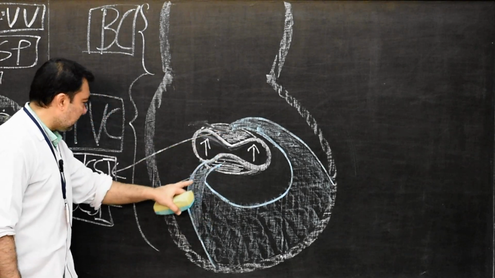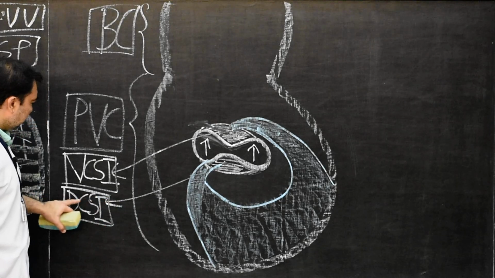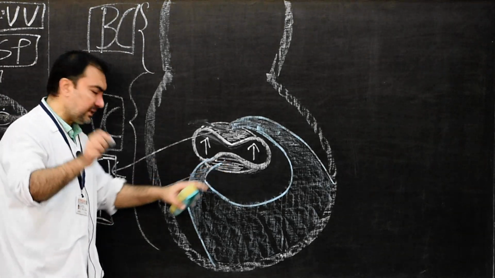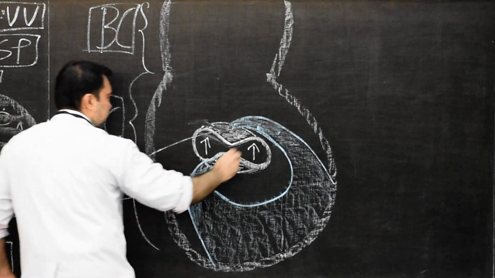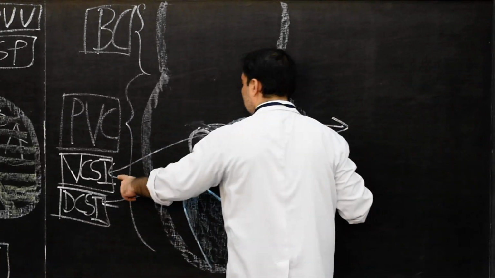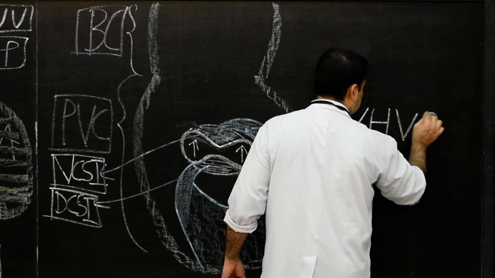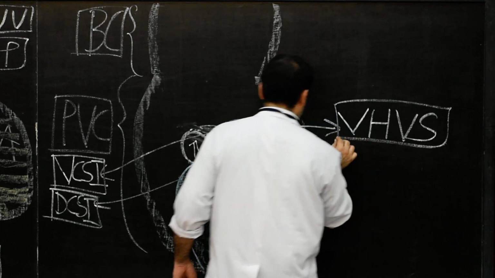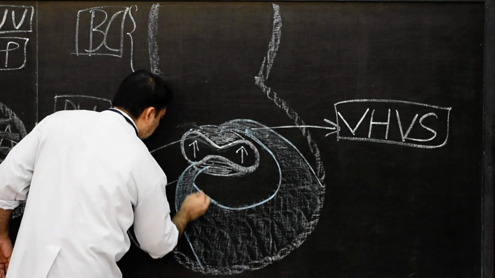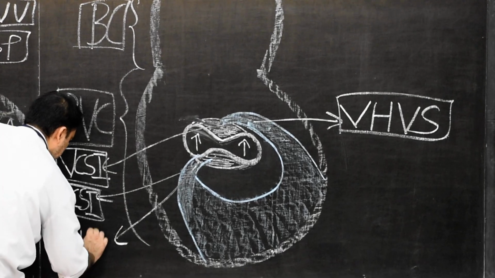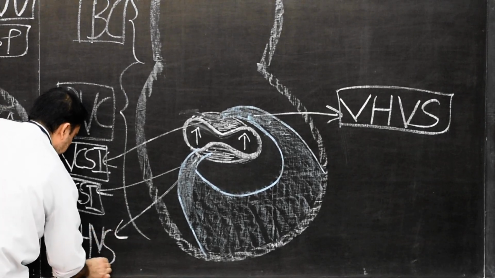This is the dorsal horn of the ventricular septum fusing with the dorsal cushion of septum intermedium. Very simple. To make it more simple, here we will name this as the ventral horn of the ventricular septum, and here the dorsal horn of the ventricular septum.